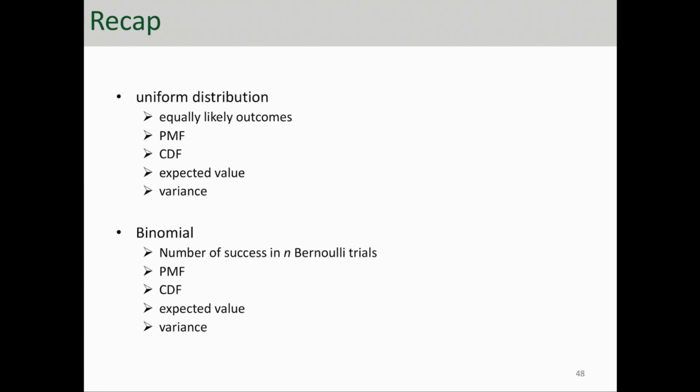So let's first recap what we discussed so far. We've talked about a uniform distribution as well as binomial distribution so far. And uniform distribution is for when you have equally likely outcomes in your random experiment. We learned about PMF, CDF, expected value, and variance of uniform. And for binomial, this random variable is representing number of successes in n Bernoulli trials.